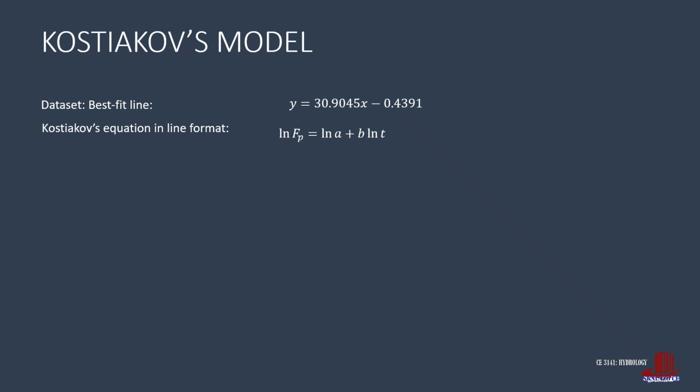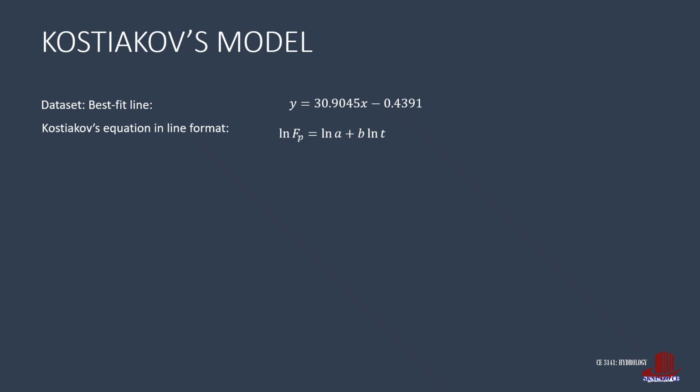So from the best fit line of y is equal to 30.9045x minus 0.4391, we then convert this back to Kostiakov's configuration, where we start with ln of fp is equal to ln of a plus b times ln of t.